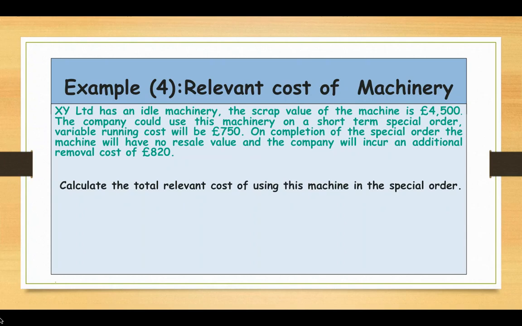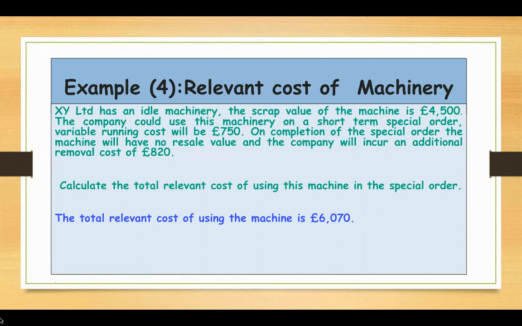Plus, the company is going to incur additional variable running cost of £750 on top, and then the company is going to incur an additional removal cost of £820. So these are all relevant costs for the machinery using in this special order.